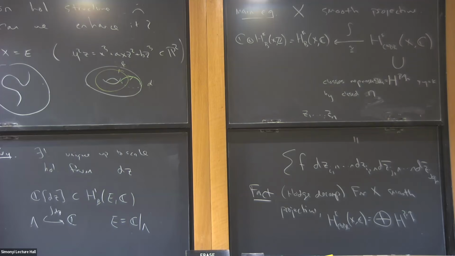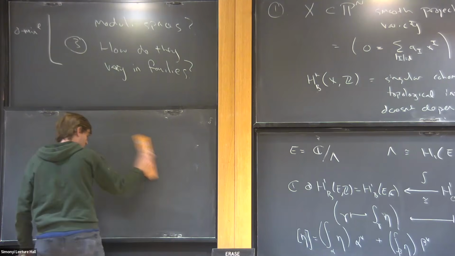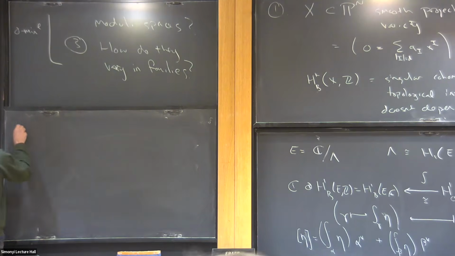So let's just see how this works for the elliptic curve. In the elliptic curve, we kind of already know the story. So going back to X equal to E, what is this decomposition?